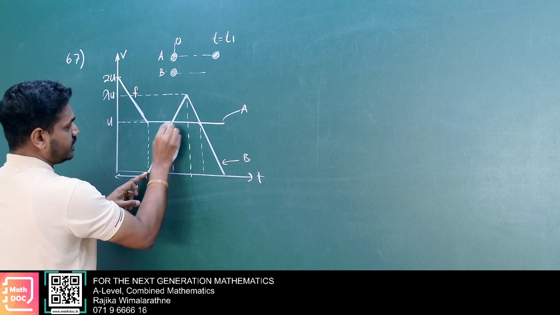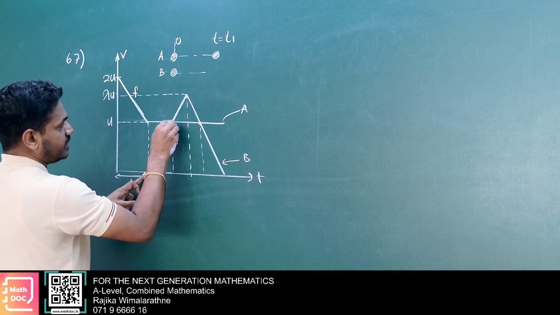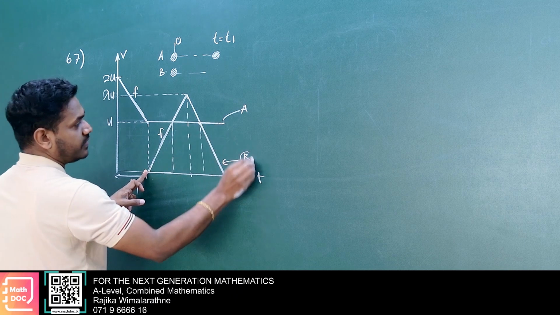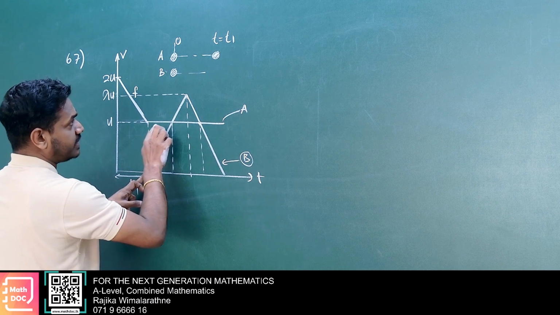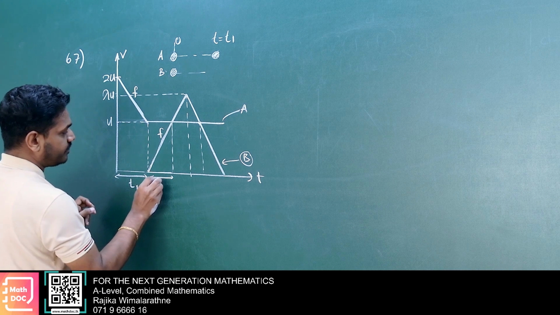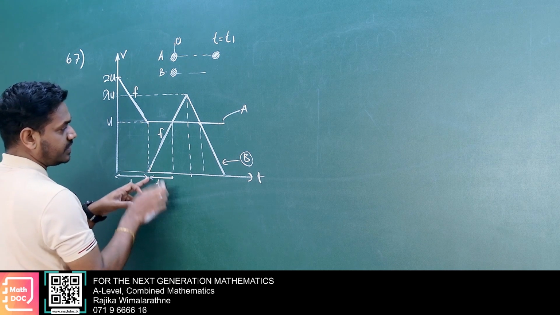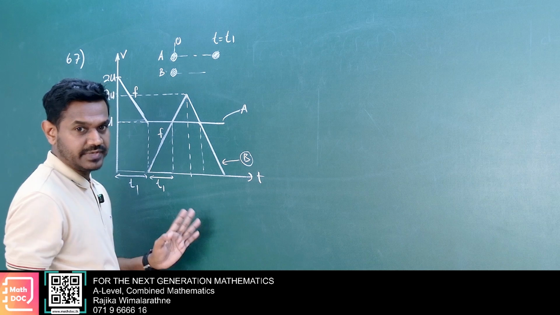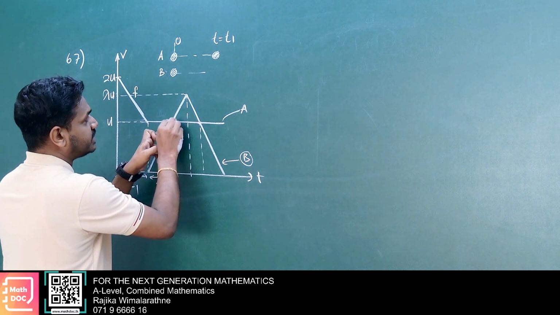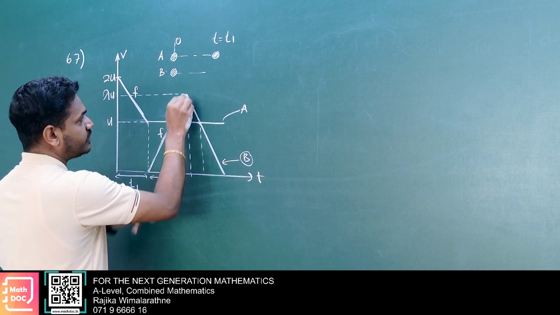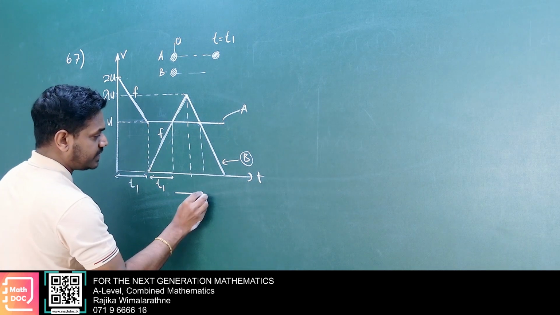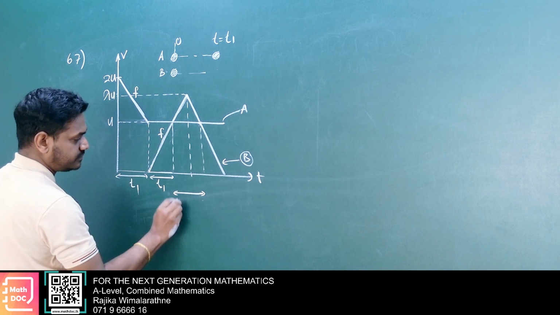From here to here, the velocity of B is less than the velocity of A. Therefore, definitely for this region, take time t2, B cannot overtake A. But from here to here, the velocity of B is greater than the velocity of A. Now for this region, there is a possibility to pass A.